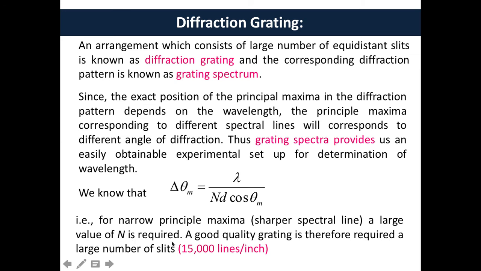A good quality grating therefore requires at least 15,000 lines per inch, 15,000 slits per inch, for a good grating.